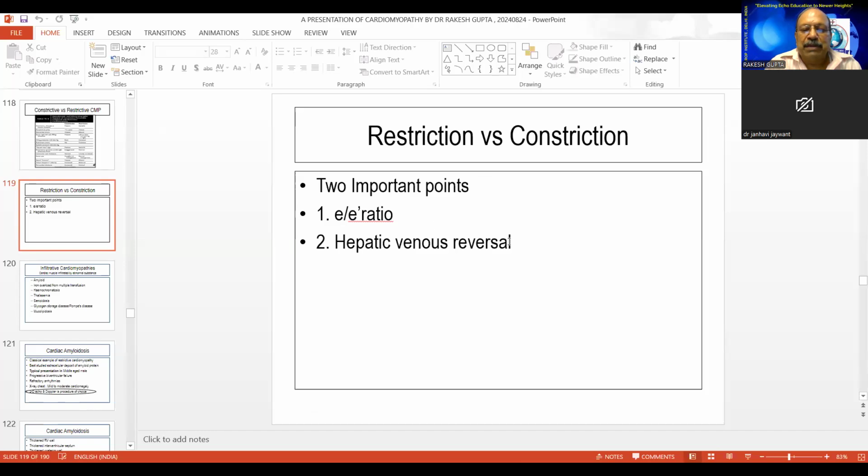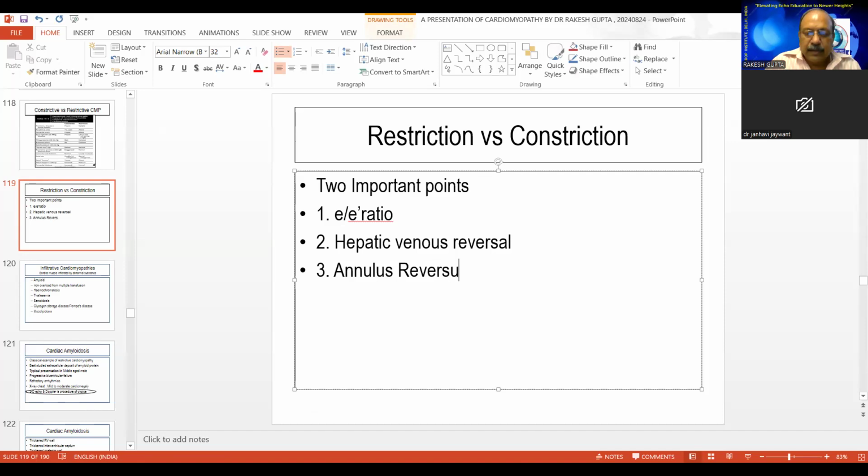One is E to E prime ratio. What would be the E to E prime ratio in restrictive cardiomyopathy? Dr. Ripan, yes, sir. What will be the E to E prime ratio in restrictive cardiomyopathy?